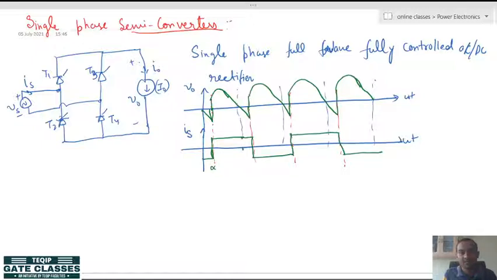Here this is alpha, this is pi, this is alpha plus pi, this is 2 pi, this is alpha plus 2 pi, this is 3 pi, and so on. In this case, we have already completed its performance parameter analysis.